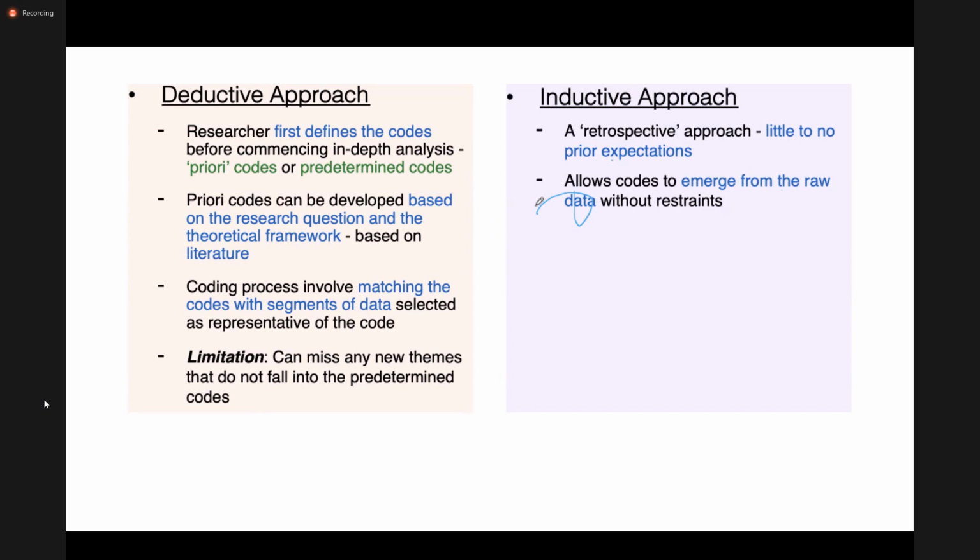Another way we could have done this is, say, if you have done a literature review prior to our data collection, and in the literature, we might have identified certain barriers to health and safety in construction sites from the works of other authors.